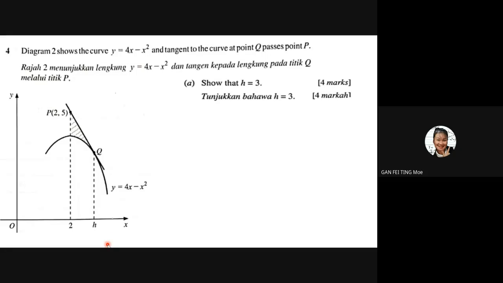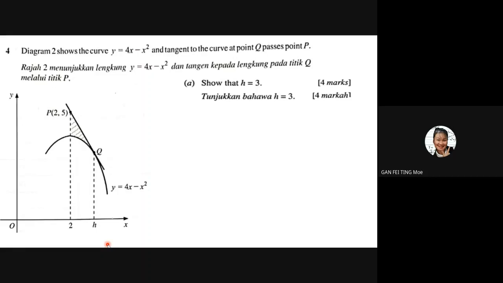Okay, Gavin, since you're online, tell me what should you do with this? I'll find the equation first. You will find the equation. How to find the equation? Since the straight line intersects with the curve. Okay. How do you get the line intersect?